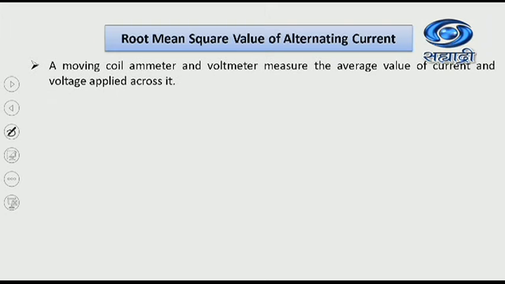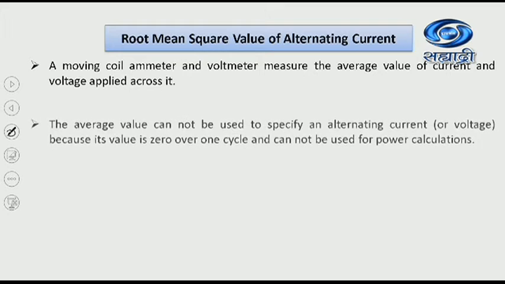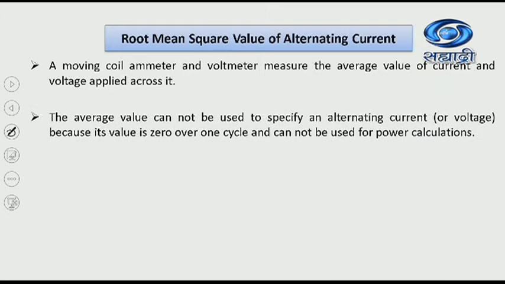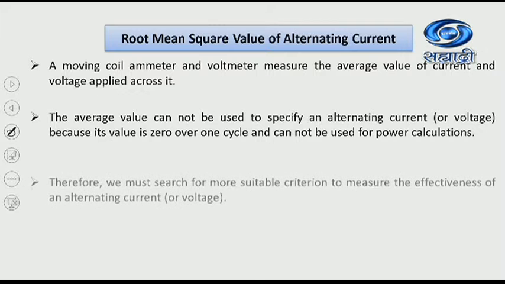So as said, a moving coil ammeter and voltmeter measure the average value of current and voltage applied across it. The average value cannot be used to specify an alternating current or voltage because its value is 0 over one cycle and cannot be used for power calculations.